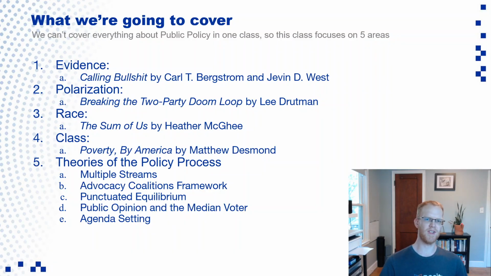So syllabus for this class, we can't really cover everything in one class, so there's really going to be 5 things. And the first 4 are the biggest chunk of the class. So each of these 4 involves a book, but we're going to focus first on the role of evidence in the policy process. So the policy process course, to be clear, this isn't a legal perspective on exactly how a bill becomes a law.